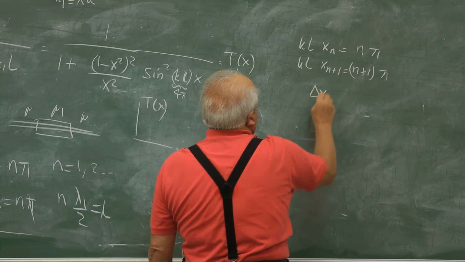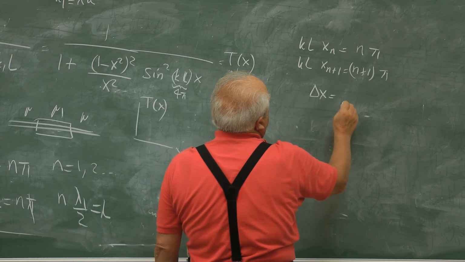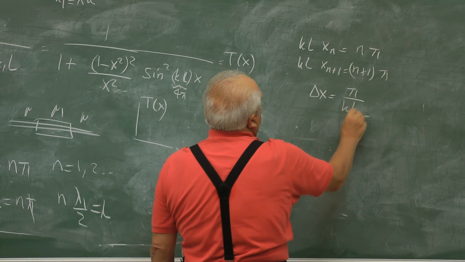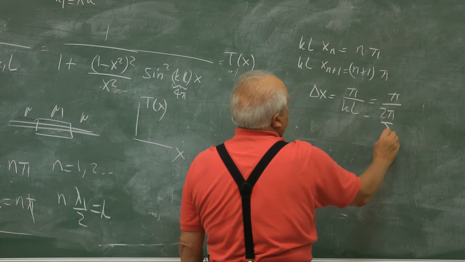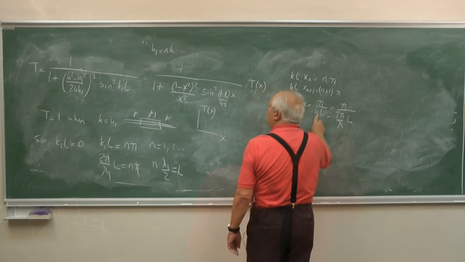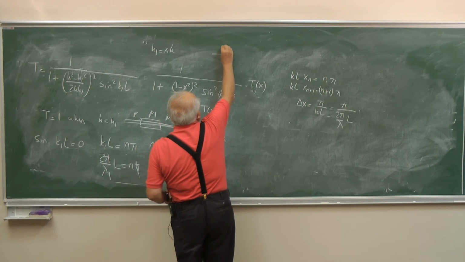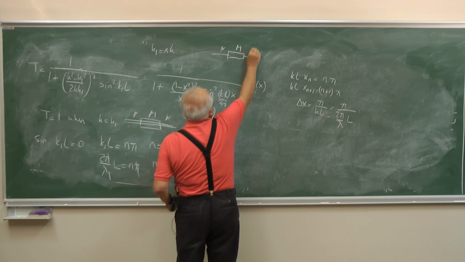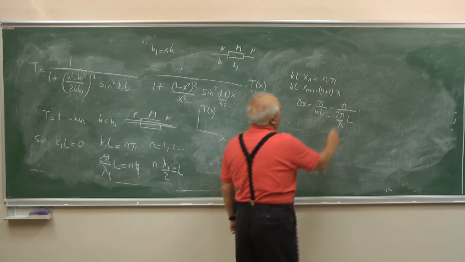So delta x, namely how often do we get these resonances? Delta x is, we subtract, that's pi over KL. That's pi over 2 pi over lambda L. K is the K of mu1, mu. So it is K, K1. So pi is cancelled.